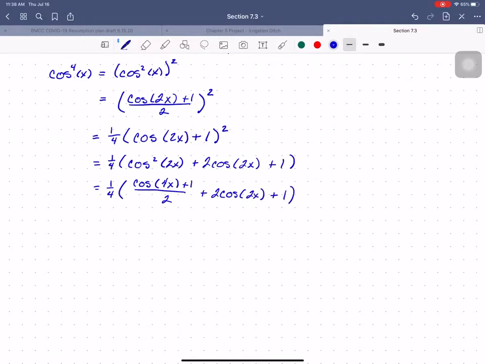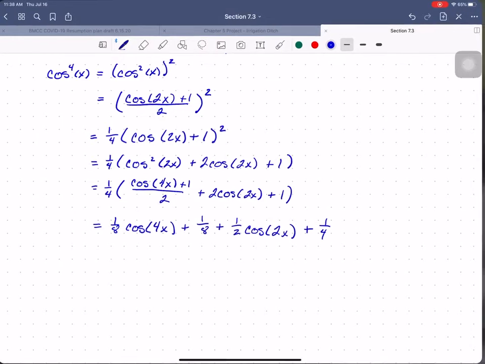All right, let's distribute our fractions through and simplify some stuff. What I end up with is 1/8 times the cosine of 4x, plus 1/2 times 1/4 is plus 1/8, plus 2 times 1/4 is 1/2 cosine 2x, plus 1/4.